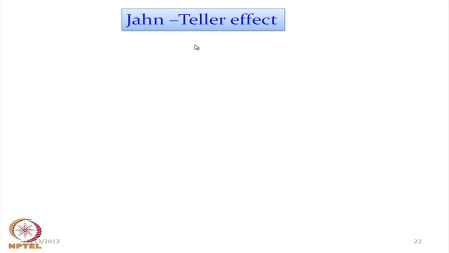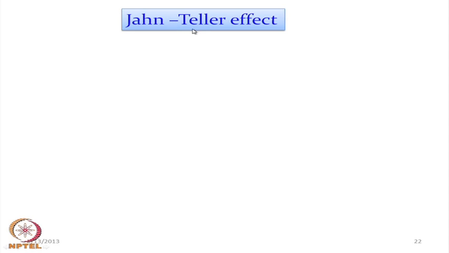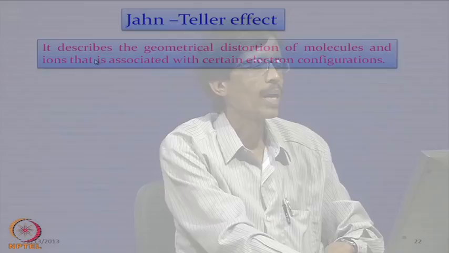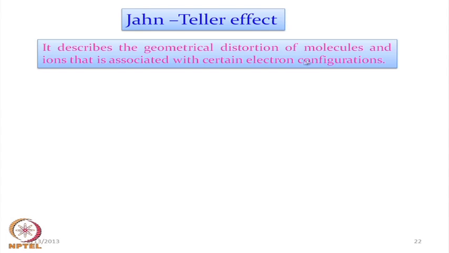Then we will extend, in our next class, to how these distortions can be very effective for the corresponding Jahn-Teller effect. This is a very simple and effective effect. It can be known from the corresponding interactions, if we have a geometrical distortion of molecules and ions that is associated with a certain electronic configuration.